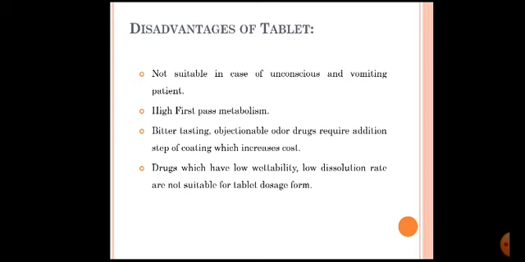Hence, bioavailability reduces and first pass metabolism is high in case of tablet. Bitter tasting, objectionable odor drugs require an additional step like coating of tablet, due to which cost is increased. Drugs which have low wettability and low dissolution rate are not suitable for tablet dosage form and cannot be formulated in tablet dosage form.